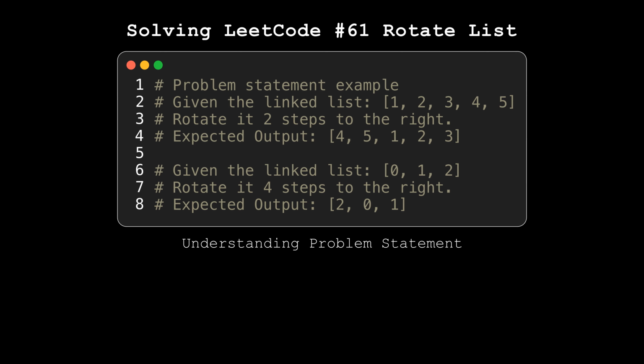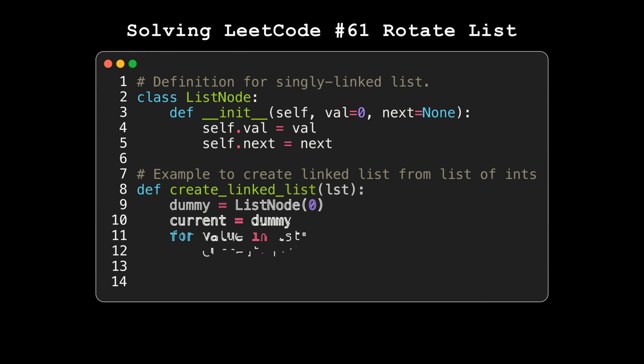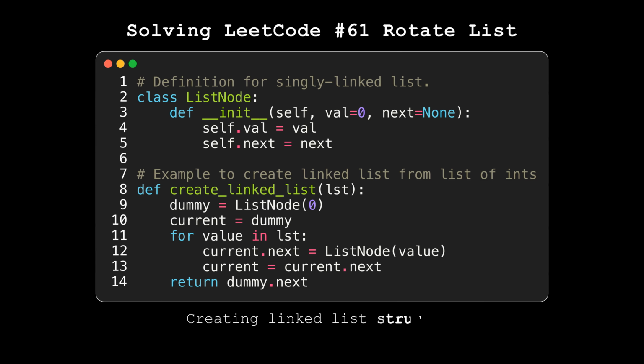Now, let's see how we approach the solution step by step in Python, clearly and logically. Before coding our rotation logic, let's create the helper class ListNode, as this is required by LeetCode for singly linked list problems. Also, let's define a handy utility function, createLinkedList, to easily create our linked list from a regular Python list.